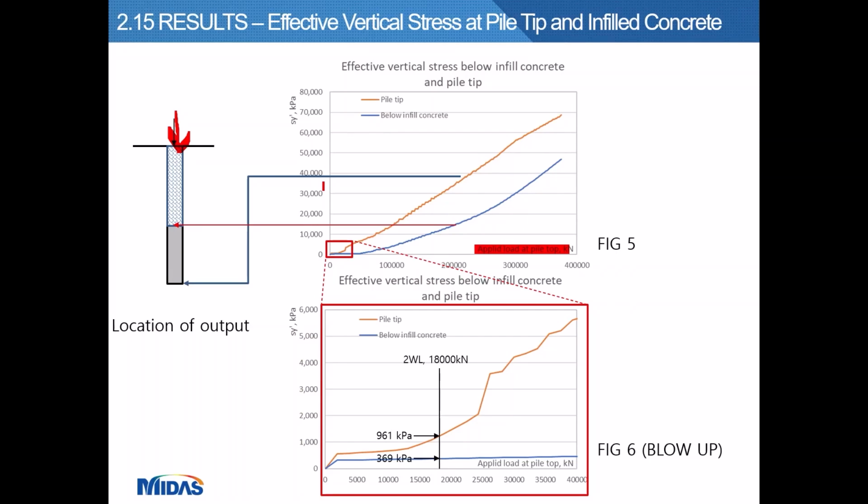The stress developed below the pile tip is about 2.6 times higher compared to the vertical stress developed below the concrete infill surface. The rate of load picked up by the concrete infill is slower than the pile tip, which comes at a later stage in the loading. And the pile tip carries more load than the concrete infill surface due to the shading effect in the steel pipe pile.